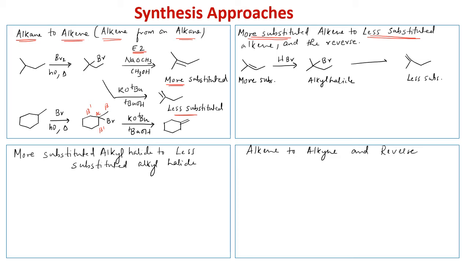Then if I react this alkyl halide with a bulky base, that will give me the less substituted alkene.